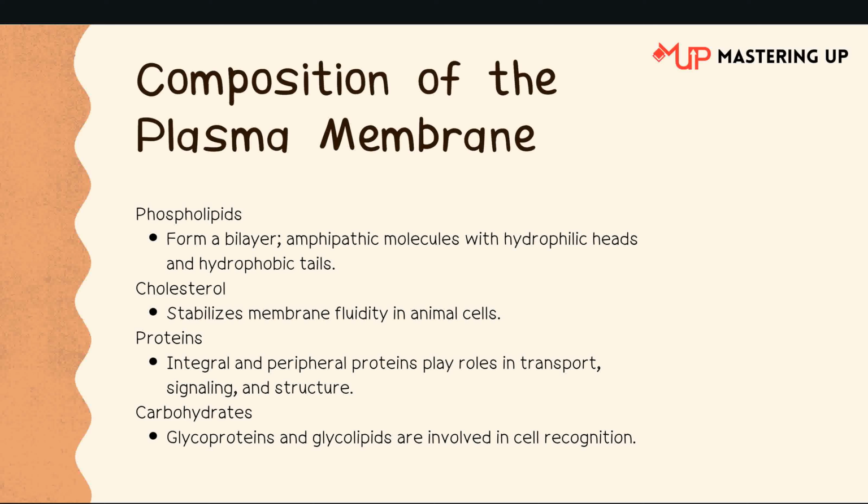Finally, the carbohydrates, often attached to lipids or proteins, as glycolipids and glycoproteins, play an important role in cell recognition and communication. These molecules form a protective coat known as the glycocalyx, which is essential for immune responses and cell signaling.